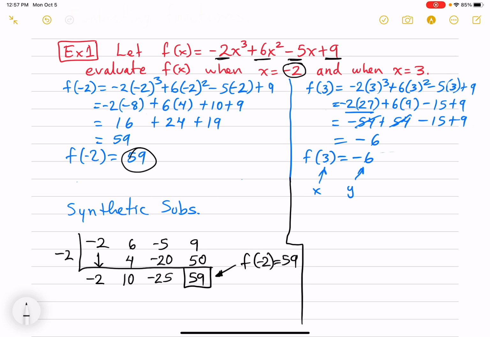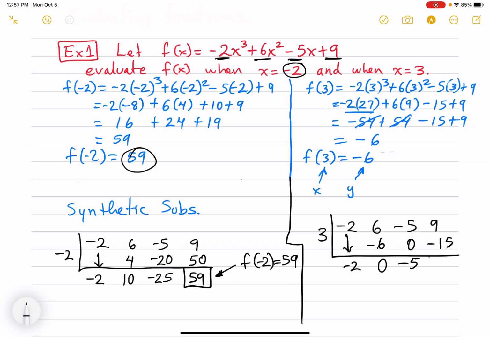We could check that briefly on the next example. Notice how we had -2, 6, -5, and 9. And now we can just substitute 3. Follow the same steps again. Bring that -2 down. -6 plus 6 is 0. 0 times anything is 0. -5 times 3 is -15.